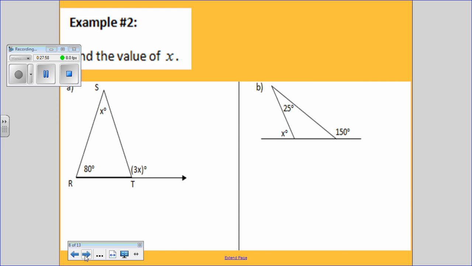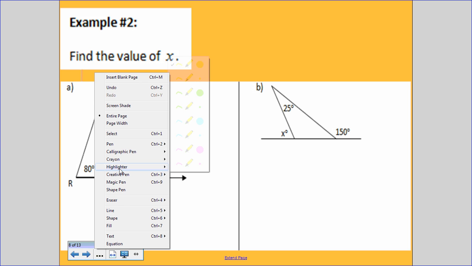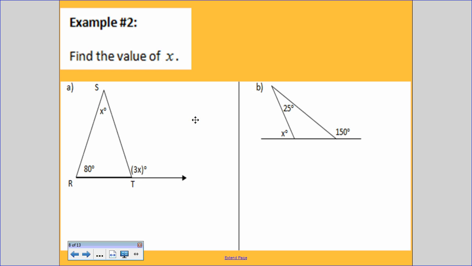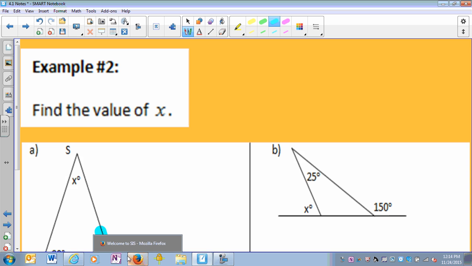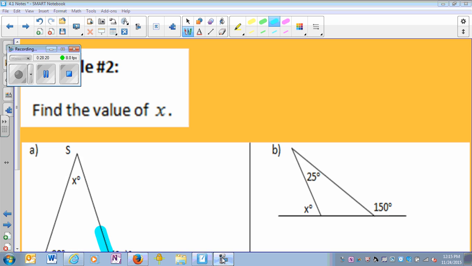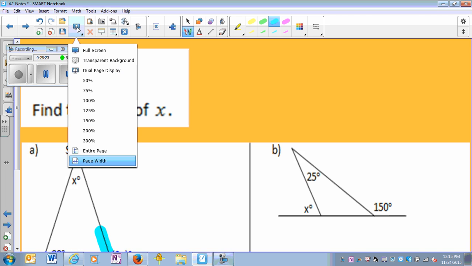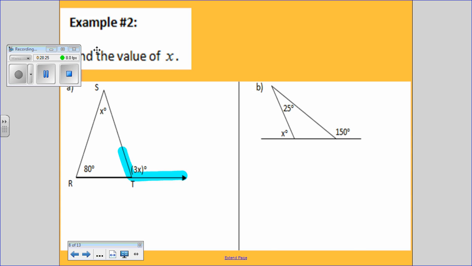So example 2 says just find the value of x. And in both of these pictures, x is one of our exterior angles. So we need to think about that exterior angle theorem. So let me highlight my x for you, my 3x, my exterior angle here.